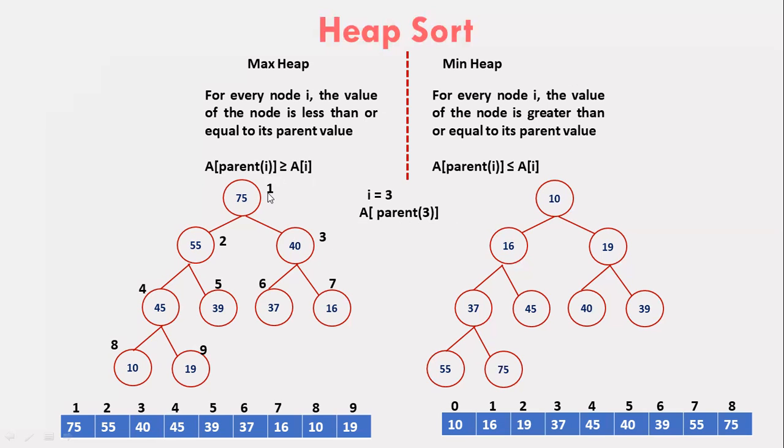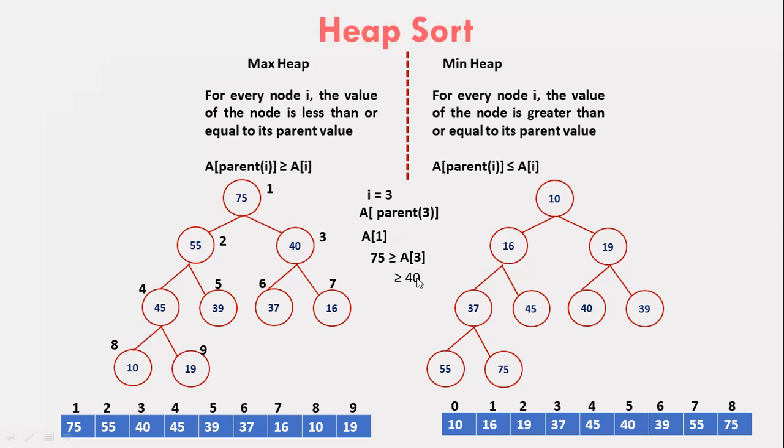So A of 1. What is the value of A of 1? A of 1 is 75. So 75 is greater than or equal to A of i. The i value is 3, so 75 is greater than A of 3. What is the value of A of 3? It is 40. So this condition became true.